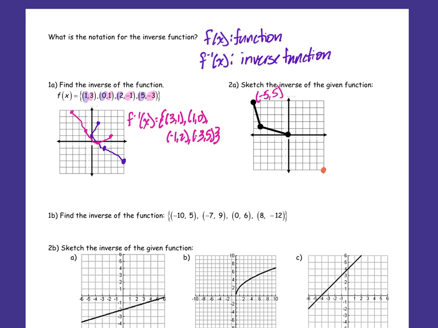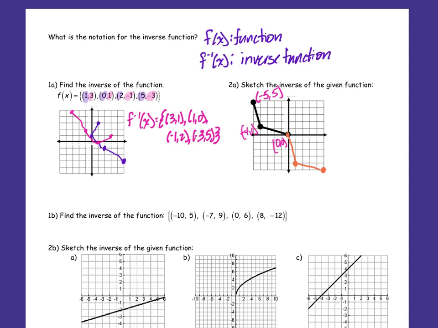Then this point here is negative 4, 1. That point becomes 1, negative 4, so it would go here. And then this point here is 0, 0. If I switch 0, 0, guess what I get? I get 0, 0, so it's still here. So there's my inverse function.